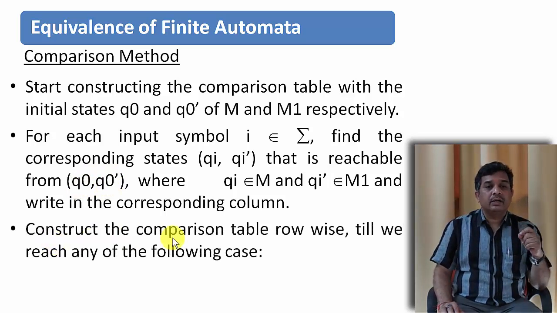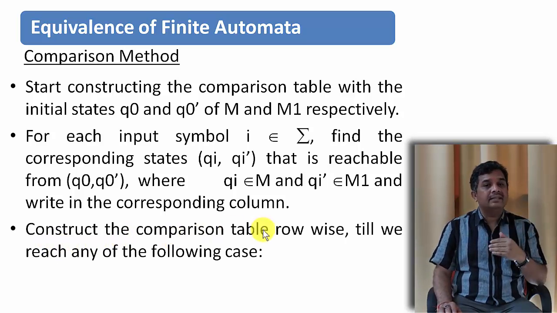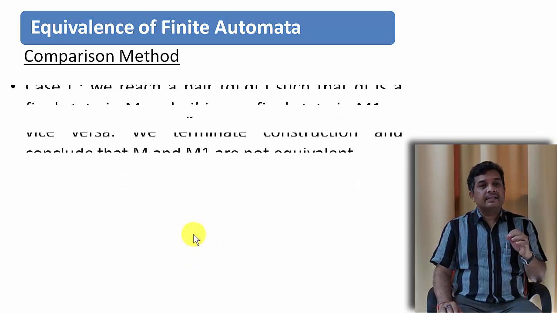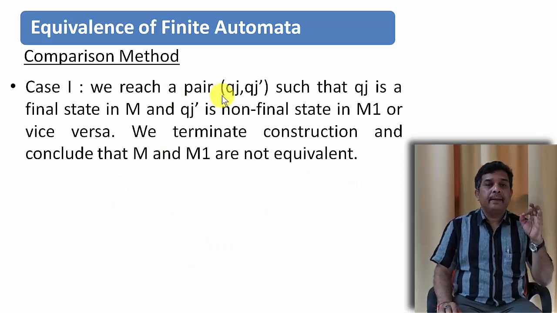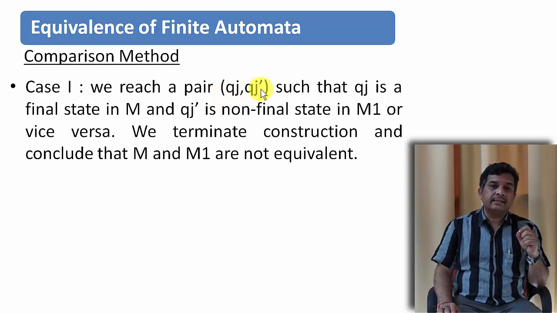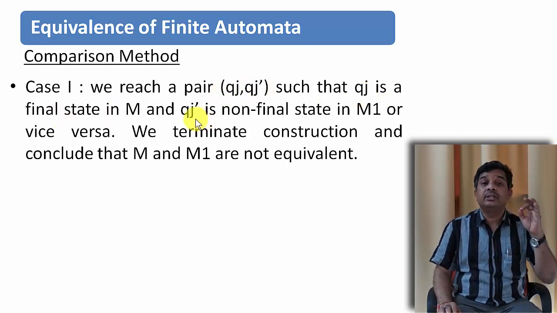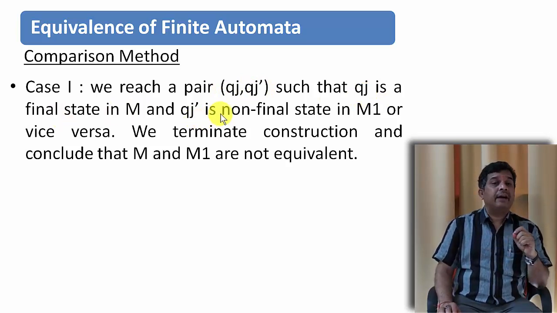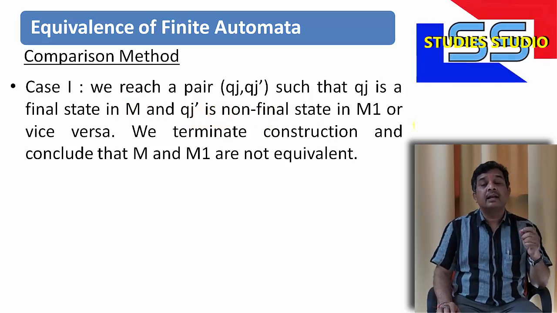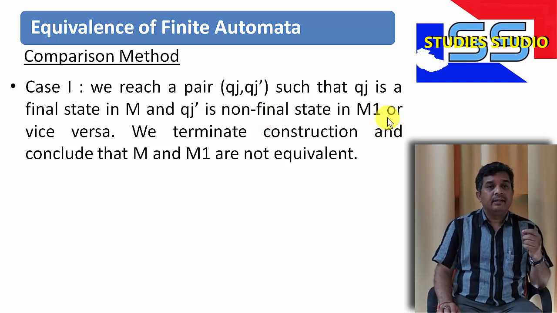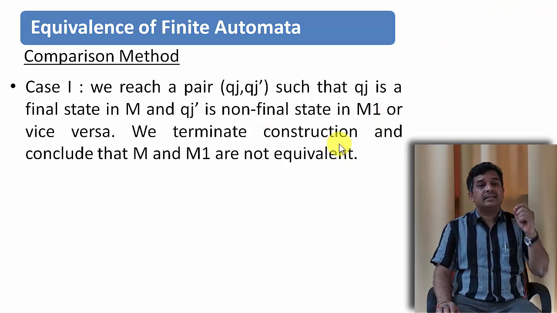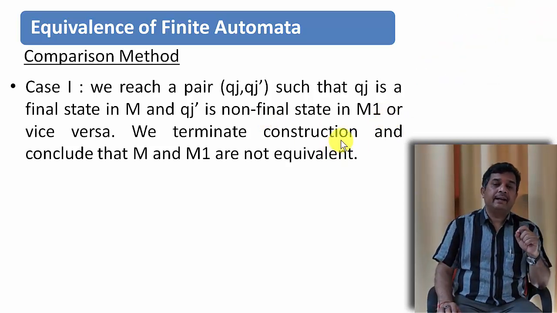We construct the comparison table row by row until we reach one of two cases. The first case is we reach a pair Qj, Qj dash such that Qj is a final state in M and Qj dash is a non-final state in the other machine, or it may be the other way around. Then we terminate construction and say these two finite automata are not equivalent.